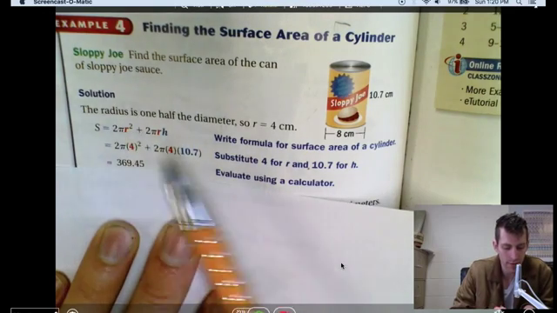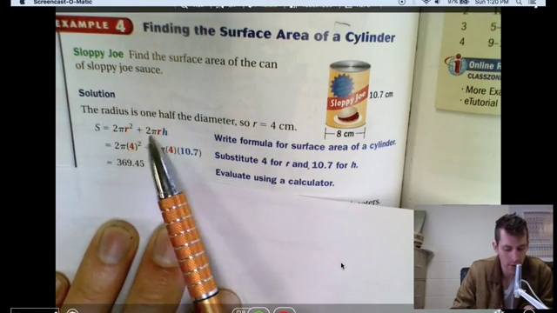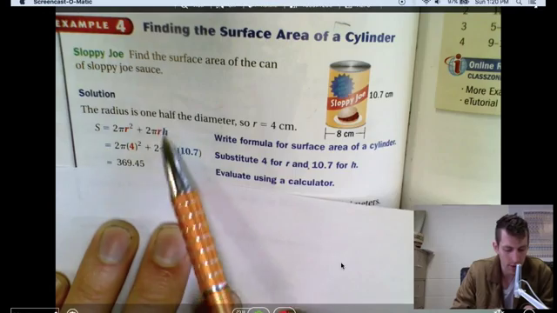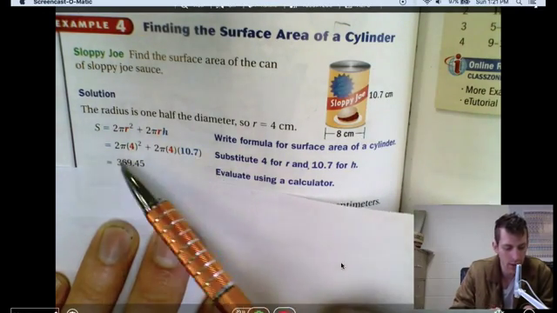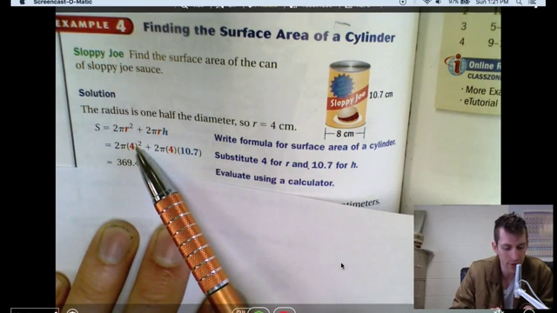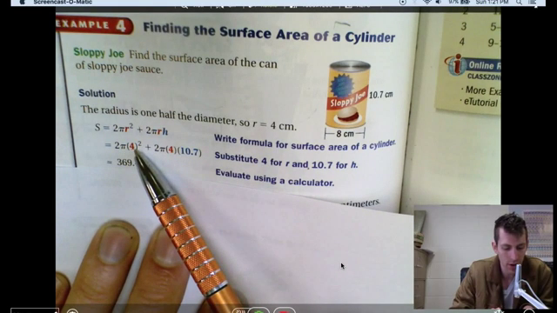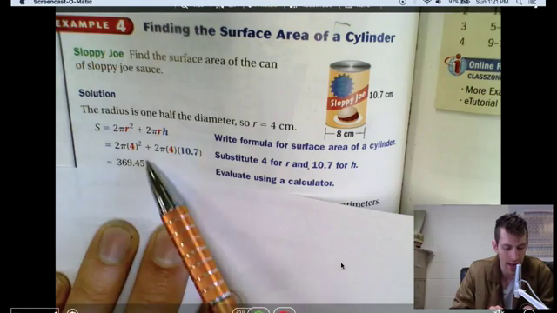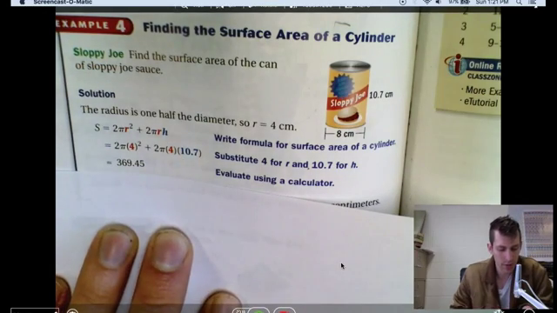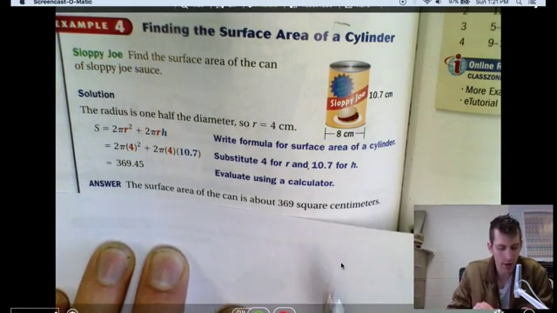So the radius is 4, put a 4 in there, 4 in there, because that's still the radius. The height is the height of the can, 10.7. Stick that in. Multiply all those together after you do the 4 times 4, because that's 4 squared. Multiply those together, then add them together. That's what you got for the surface area of the can.